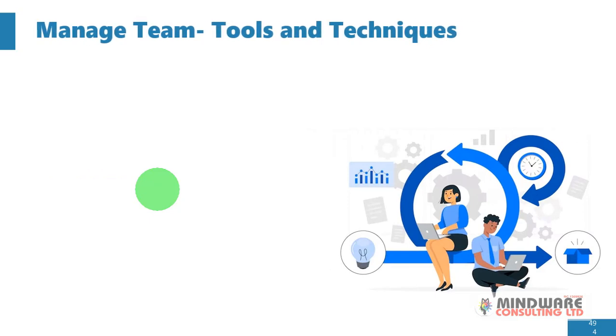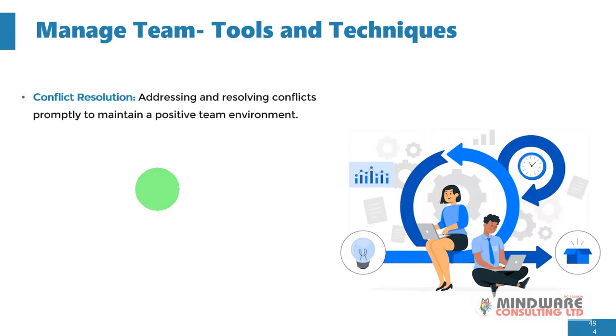So let's look at the tools and techniques that we require for this process. First is conflict resolution. Addressing and resolving conflicts promptly to maintain a positive team environment. So like I said before, conflicts are going to arise from time to time. Your ability to identify them and resolve them on time will go a long way to maintaining that positive team environment.